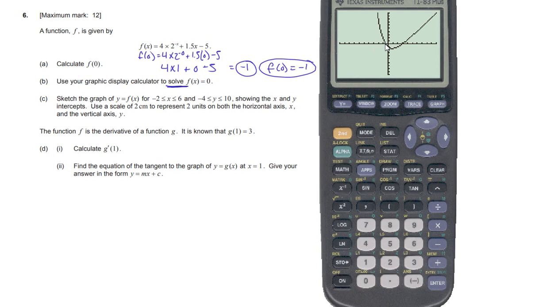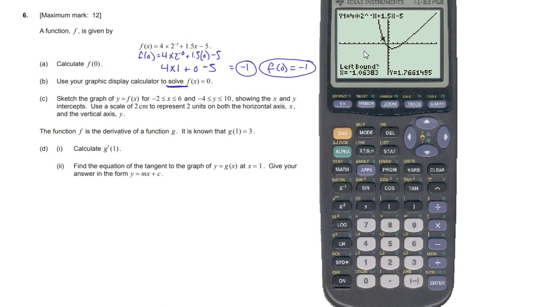We have to find where it crosses there and where it crosses there. So we go to second, calculate, and we want to find the zeros, which is when f of x equals 0. That's part of the reason why they call it zeros.